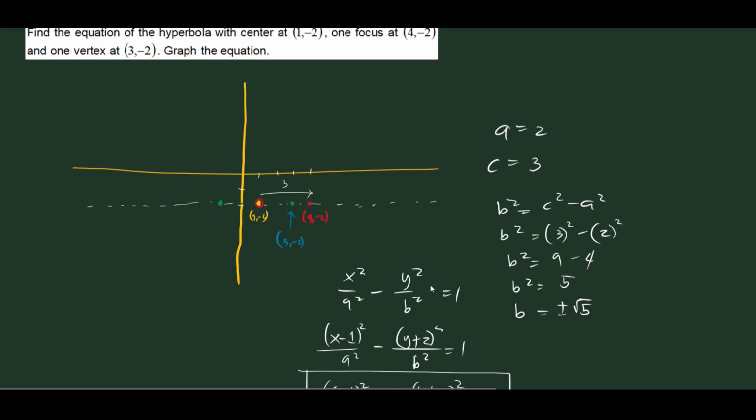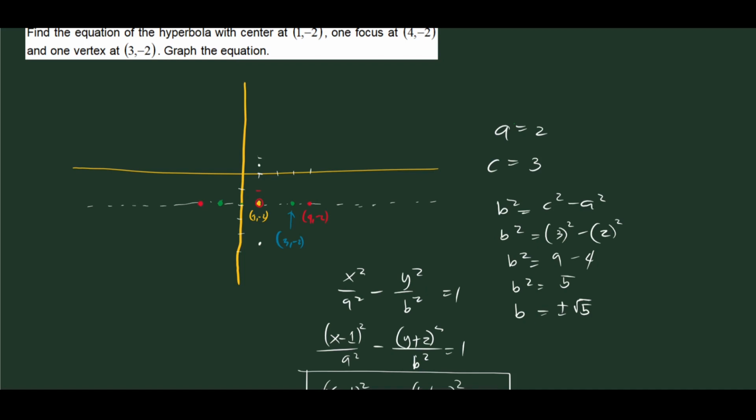Let's clean it up first, okay? This is 1, 2, and then it would be approximately here. And then the same thing happens on the other side, 1, 2, 3, approximately right here. And the other focus would be right here, 1 unit to the left of the left vertex.